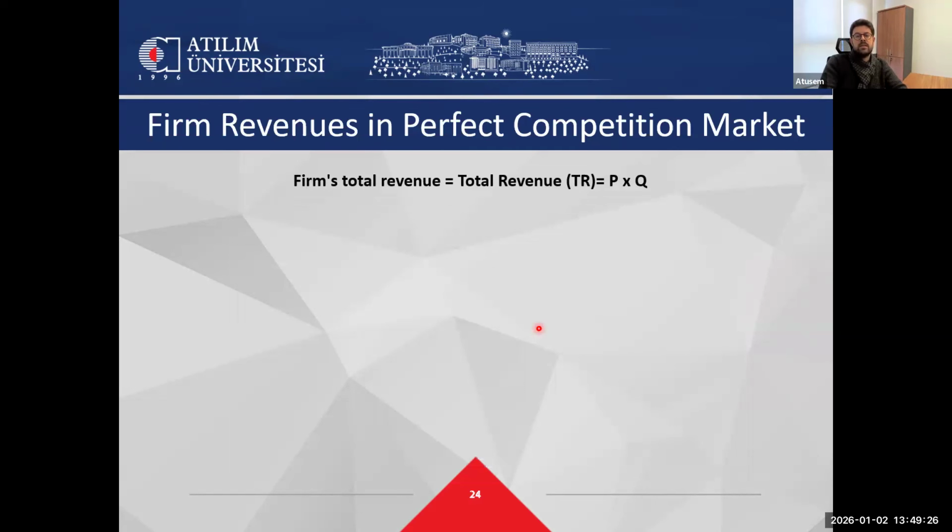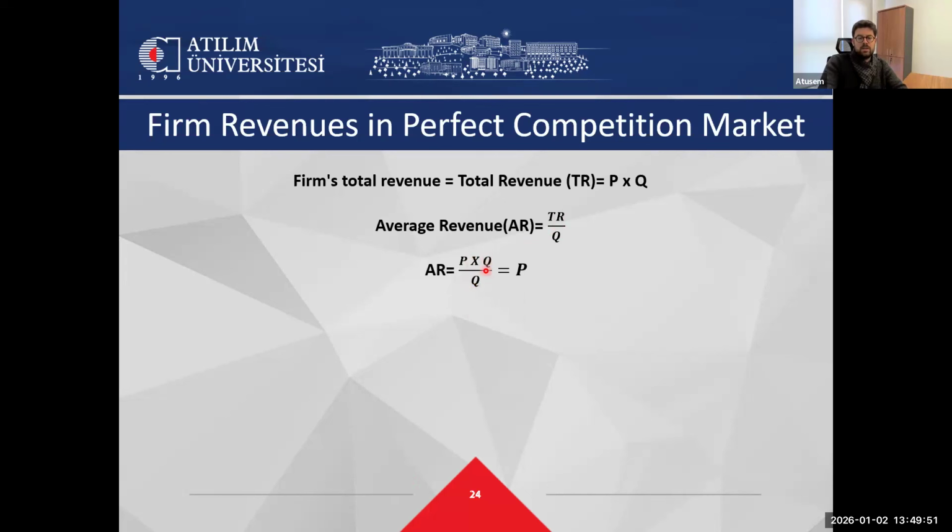Then let's look at the average revenue. How can we find the average? Divide by the quantity. For finding average revenue, that is total revenue divided by quantity. What is the total revenue formula? Price multiplied by quantity.